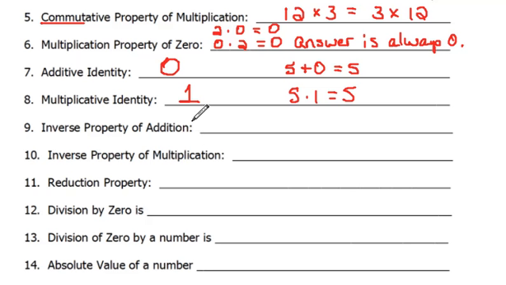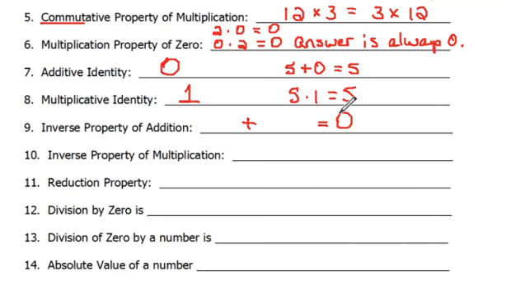Let's think about addition. We're going to be adding two things together and getting the identity as the answer. Because remember, inverses are what you do to get the identity.